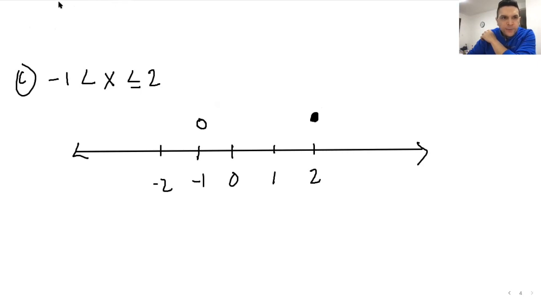And that's it. The values between these two numbers will be part of the solution. Okay? That's it. This is how you represent these solutions on a number line for inequalities. Okay? Cool. Moving on.